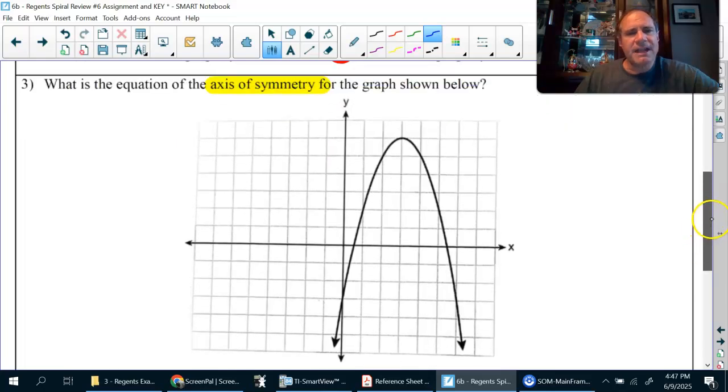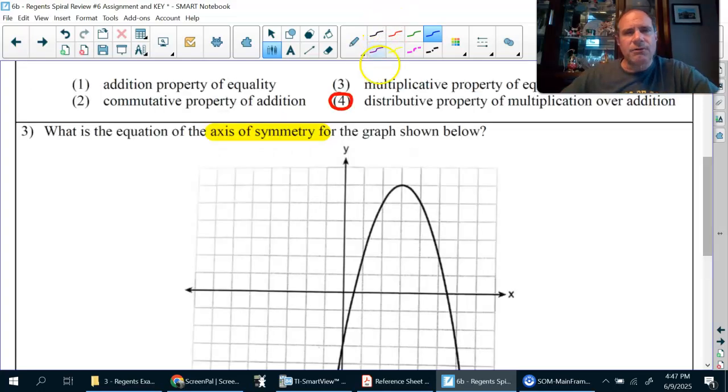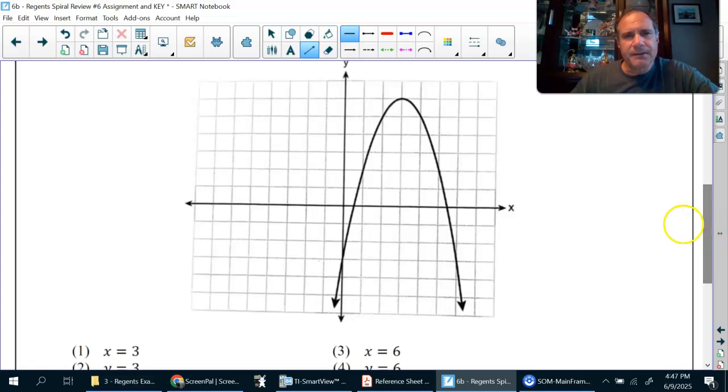So just remember, the axis of symmetry is where you could draw a line directly through the middle of this parabola where it could fold on evenly on each side. So I am going to draw that line down right here.